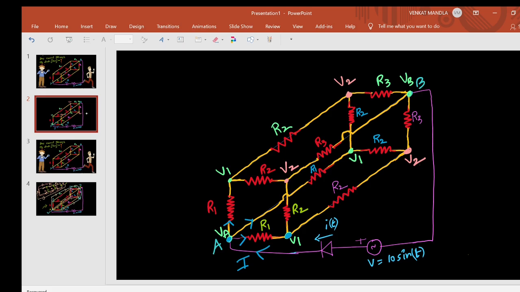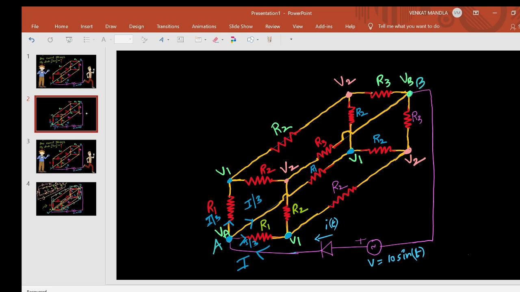In the middle line also, (VA minus V1) by R1. Here the upper one also, (VA minus V1) by R1. The currents are the same in these three branches, so this current will divide equally: here I by 3, here also I by 3, here also I by 3, right?